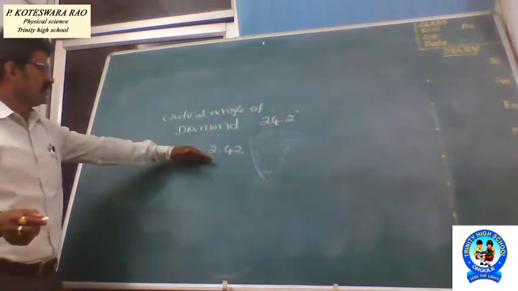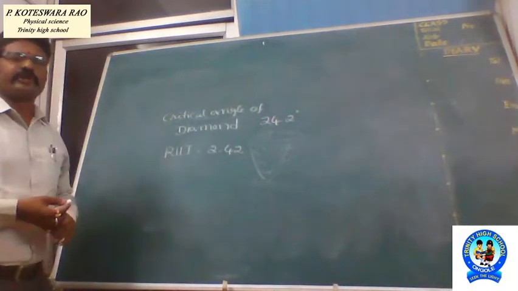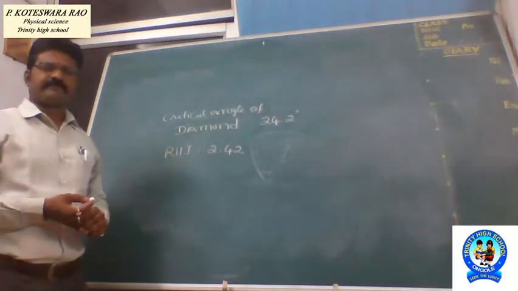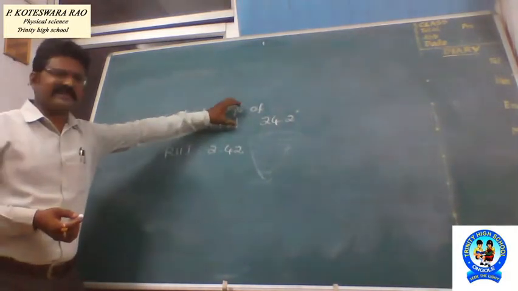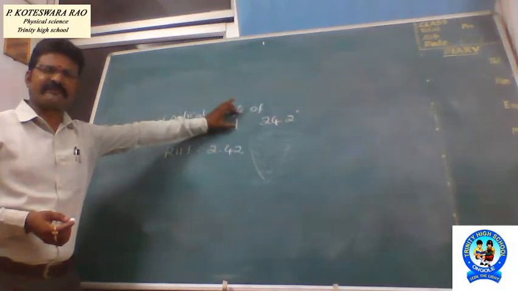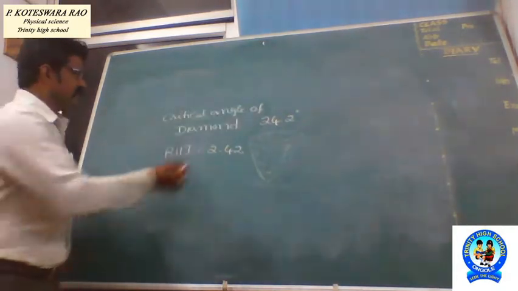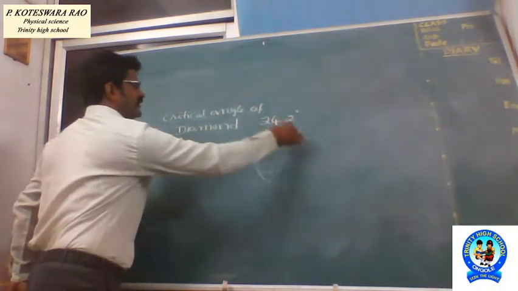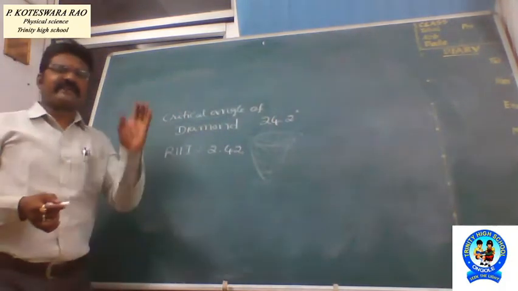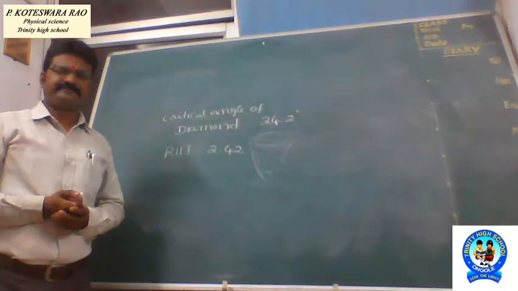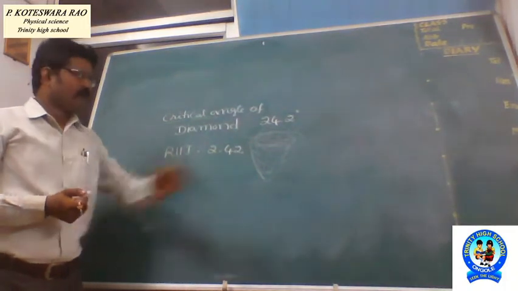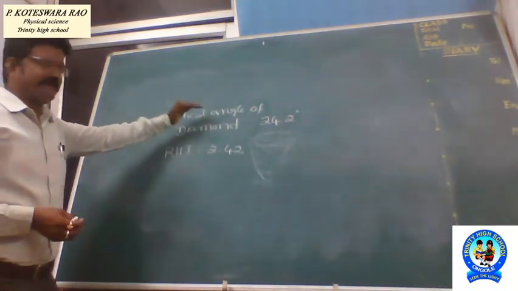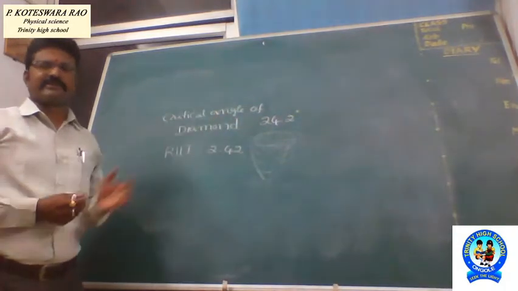But what about the critical angle of diamond? 24.2 degrees. So it is very less. Because of this small critical angle, the light ray entered here and multiple reflections take place. That's why the diamond shines brightly. Okay, diamond and its nature completed.